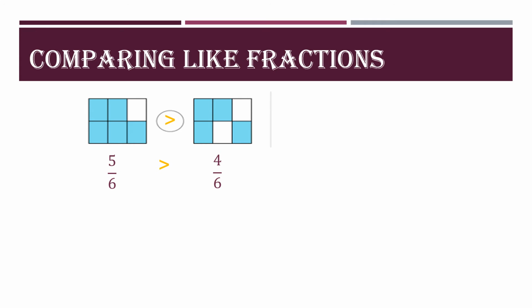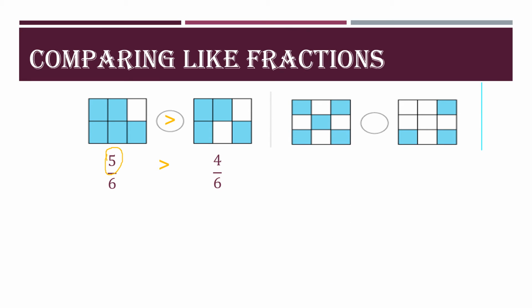The denominator is the same because these are like fractions, so we have to look at the numerator. Since 5 is greater than 4, 5 by 6 will be greater than 4 by 6. It's very simple as that. Just look at the numerator. The one with the greater numerator will be the greater fraction.